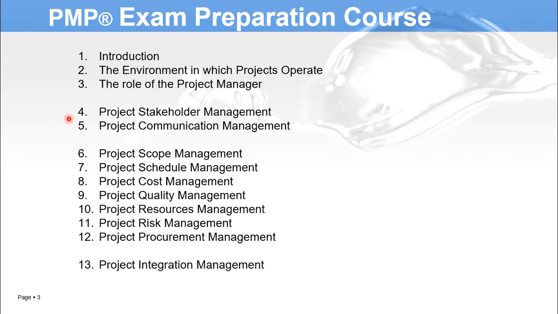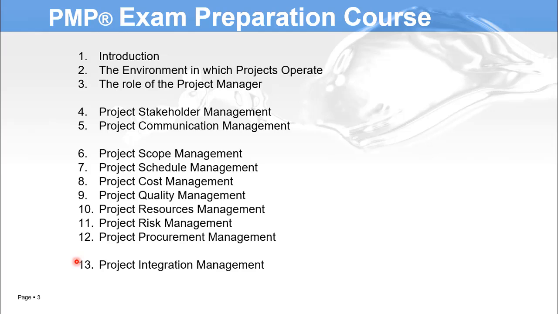So it is more practical to start with the project stakeholder and project communication management, and then after that we follow the same order of the PMBOK: project scope management, then schedule management, cost management, quality management, resource management, risk management, and procurement management.